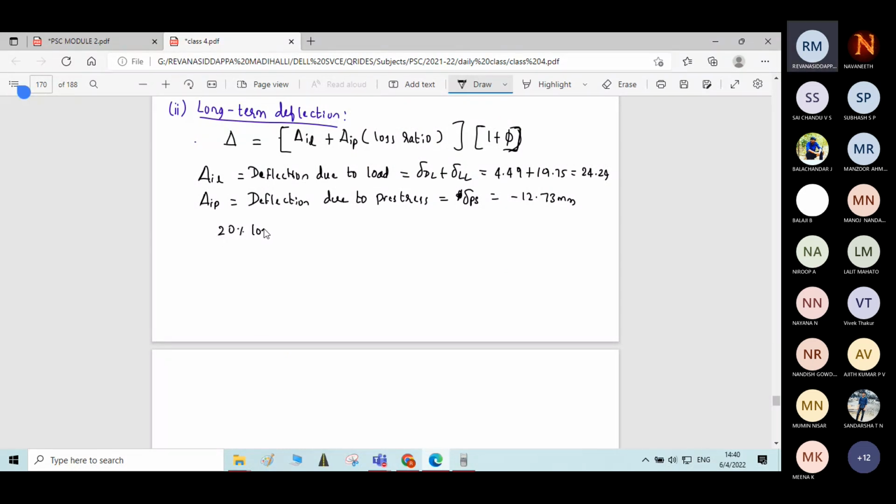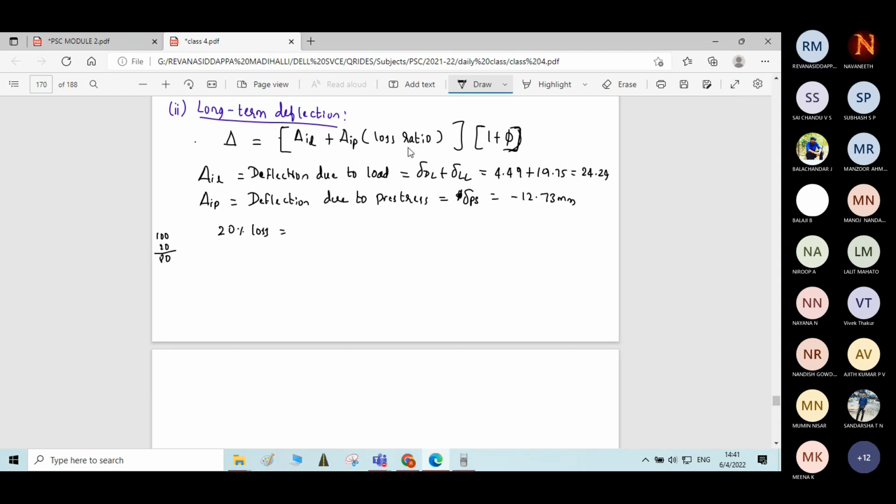20% loss is nothing but there is 20 Newton per mm square loss out of 100. So out of 100, if there is 20% loss, then the final prestress will be how much? 20% loss means in 100 Newton per mm square of initial prestress, 20 Newton per mm square will undergo loss. So the final prestress will be 80.